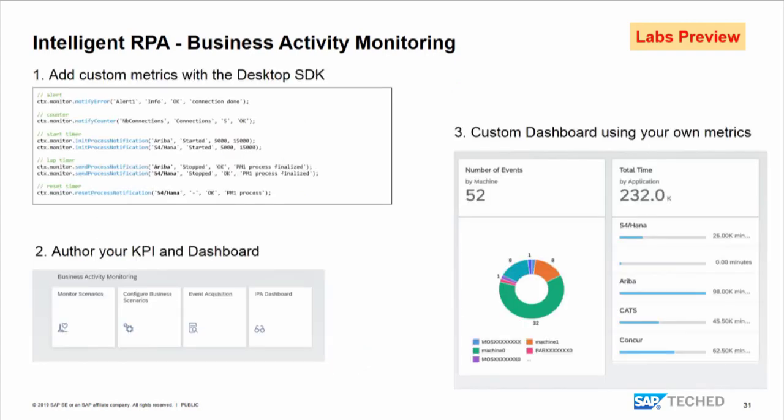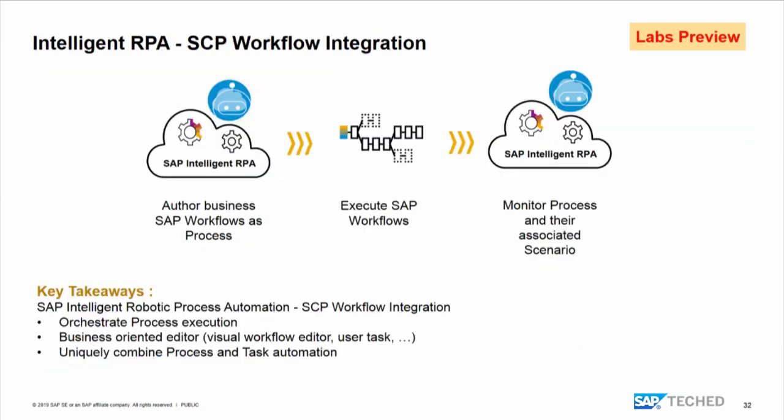As we see here, you just have some notifications to insert inside your script to trigger and measure the different things you want to get. And then you will have some reporting based on the process visibility, which is an SAP application used for the reporting. Another important thing that we are also including in the next releases is the integration between RPA and BPM.